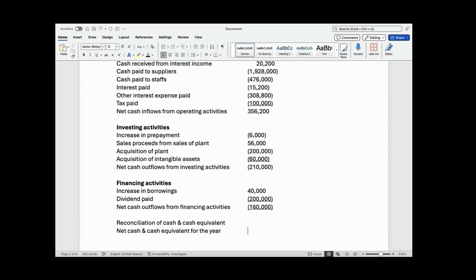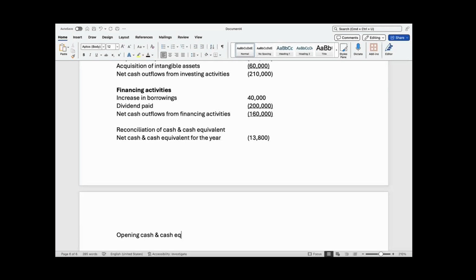13,800 negative. What's my opening cash and cash equivalent? That's my 240,000. Have you seen it? 240,000, yes.